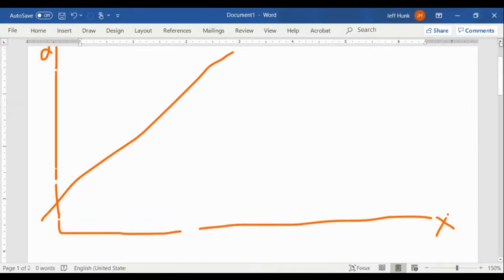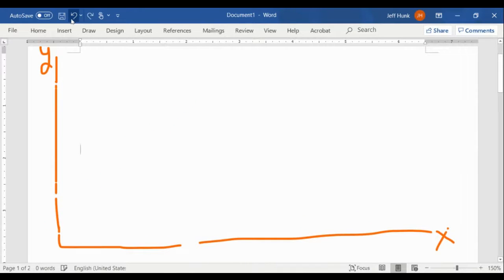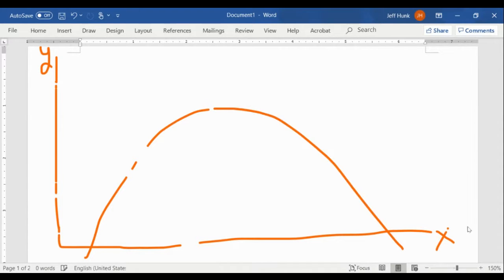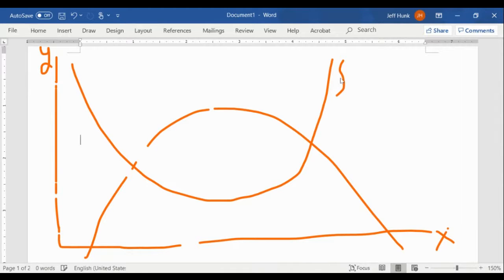But something like this is quadratic, a curve like this. So in this case, y is a function of x.